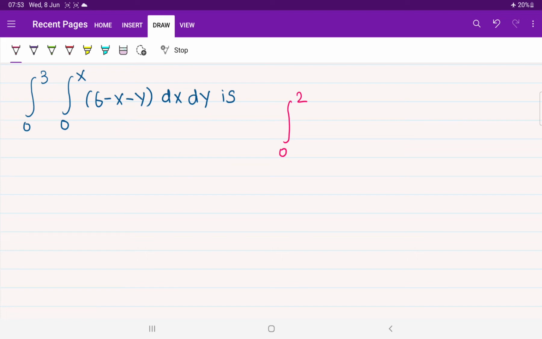Now if you look at the given function, once again one more double integration is given here. If you focus on the limits, the first limit has no variables, it is simply defined as 0 to 3. But the second limit is traveling from 0 to x. Sir, what shall we do?